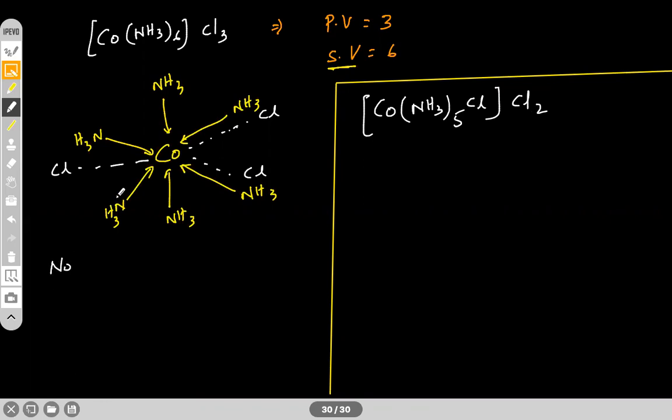In this molecule, the number of ionizable chlorine atoms is what? It is 3, which is outside the complex, right? It's 3 only.